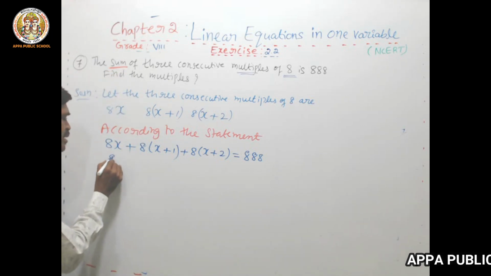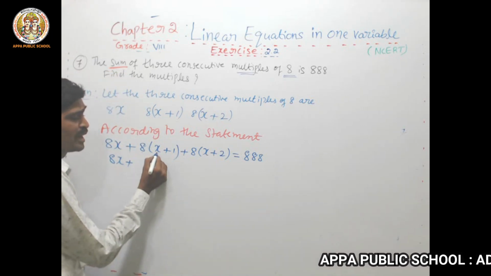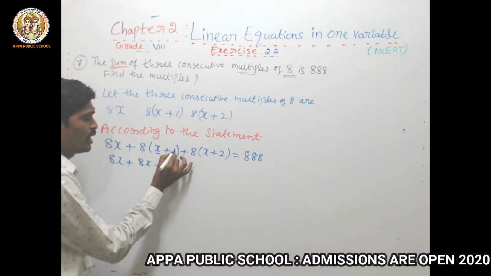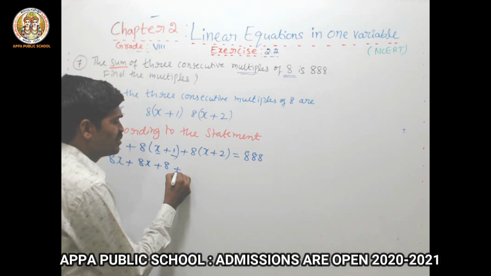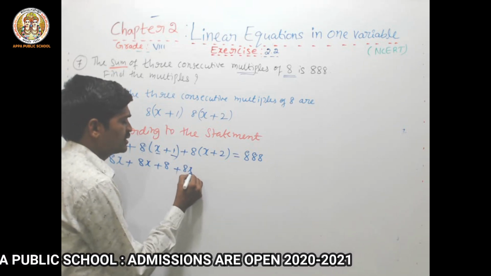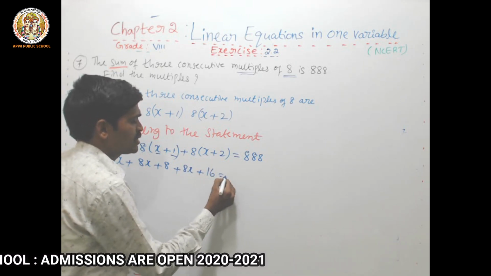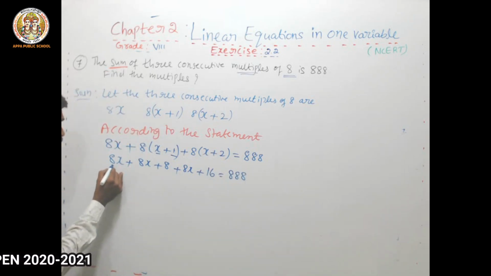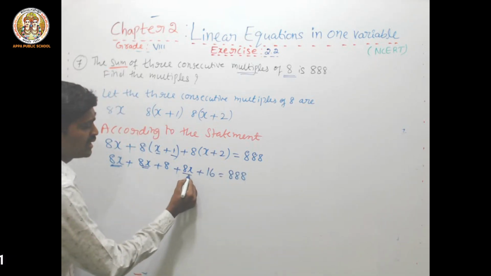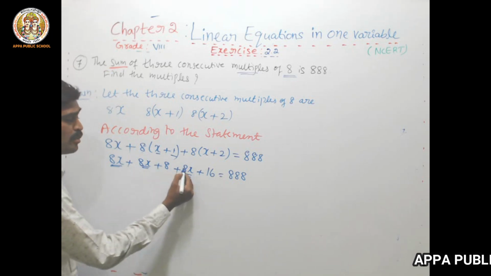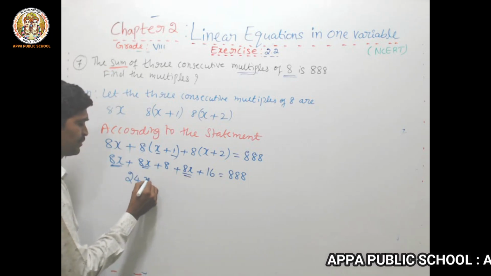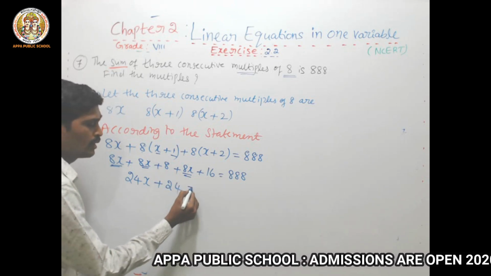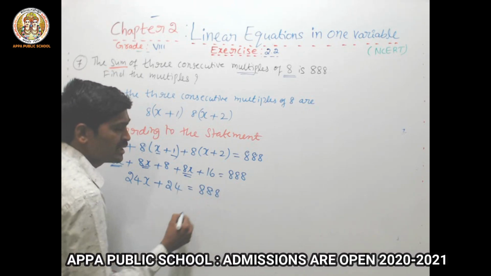Again, my dear students, 8x keep as it is. 8 multiplied with both terms, 8 into x, 8x plus 8 into 1, 8. Similarly, 8 into x, 8x, 8 into 2, 16 is equal to 888. Here like terms are there, 8x, 8x, 8x, that is 24x, and 8 plus 16, 24, is equal to 888.